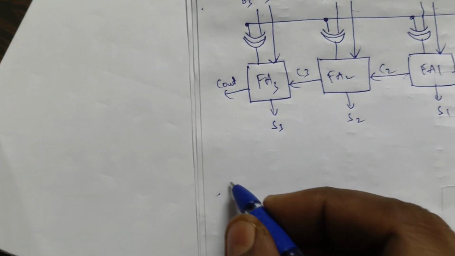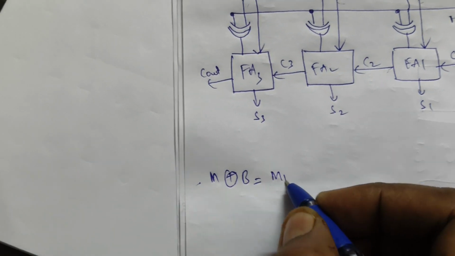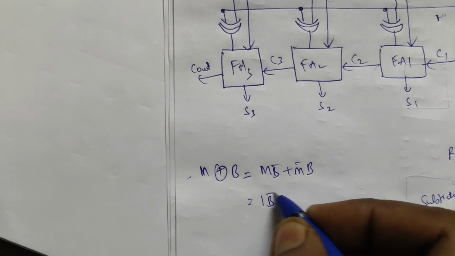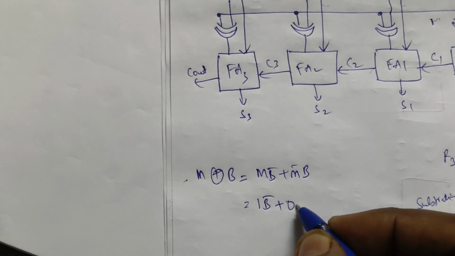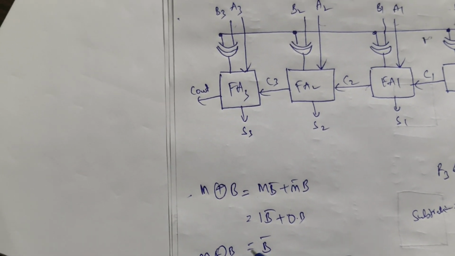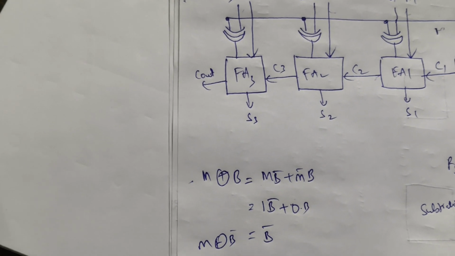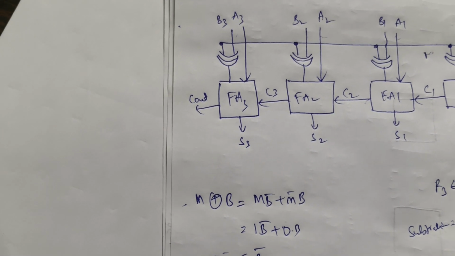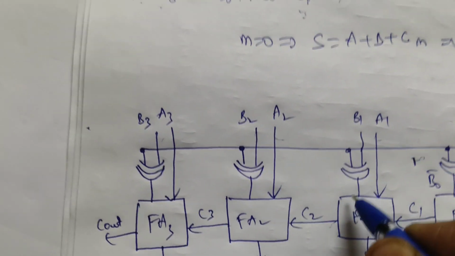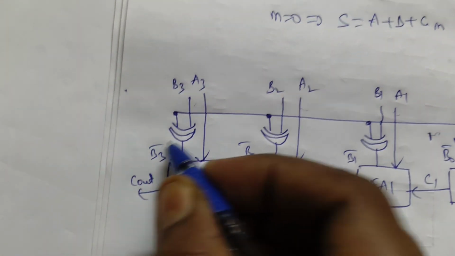It is M XOR B. So M is 1 means M into B bar plus M bar into B, that is 1 into B bar plus 1 bar, which is 0, into B. So what is the output here? We are getting B bar. M equal to 1 XOR with B gives the output B bar. So for the 0th full adder the output will be B naught bar, for the first one B1 bar, for the second B2 bar and B3 bar.